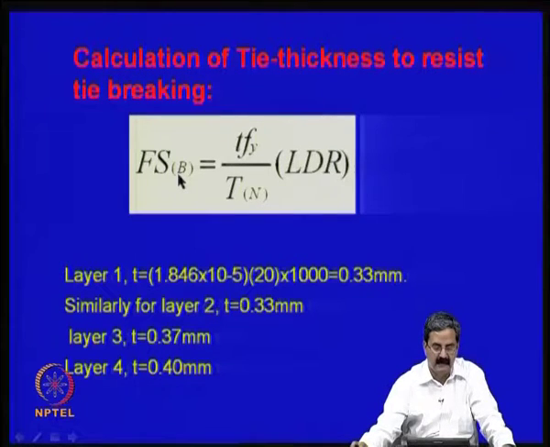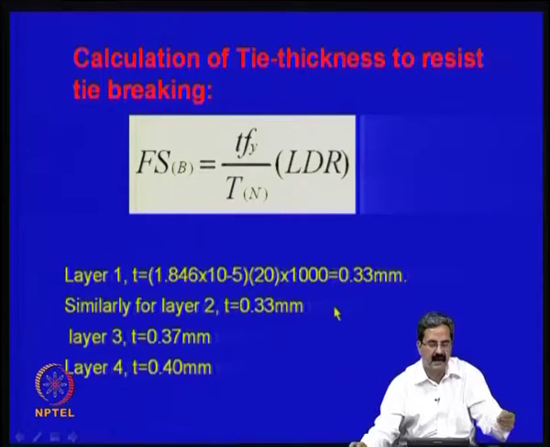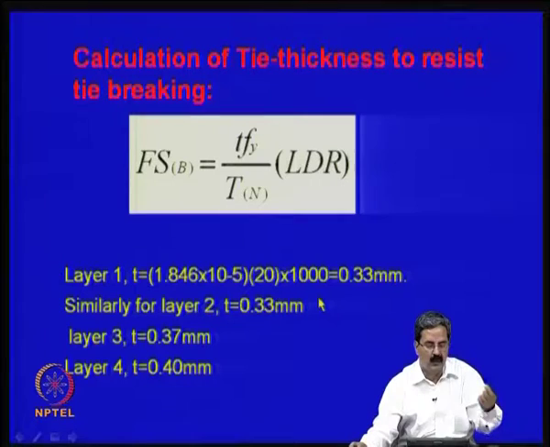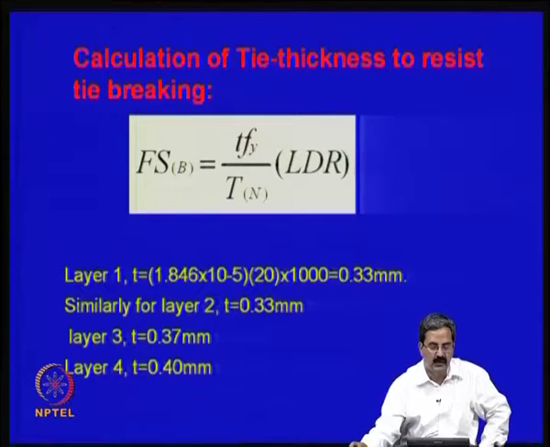If I put that number, I know the tensile force in each member, I calculated for layer 1 the tensile force mobilized. Like that one can calculate, and you can get the thickness required. You can see that the maximum thickness required is 0.4 mm.